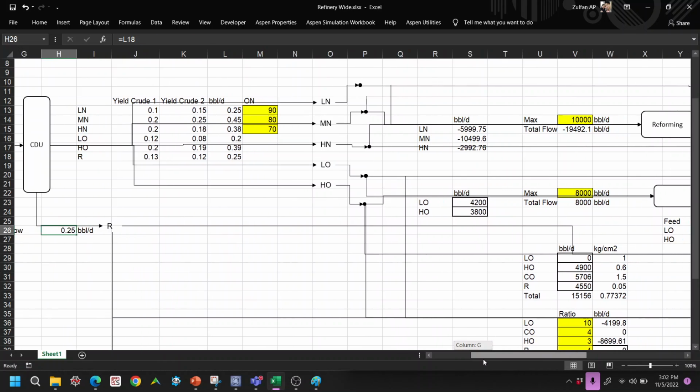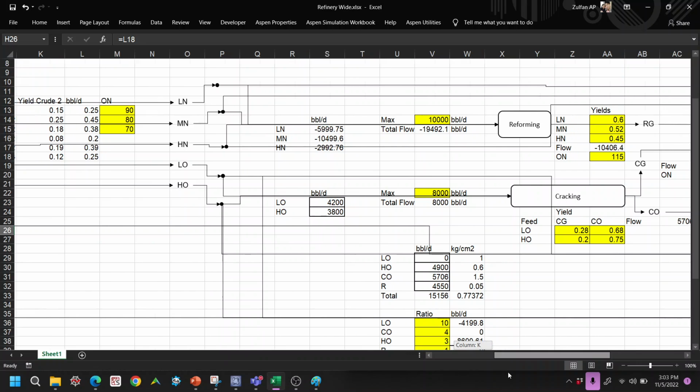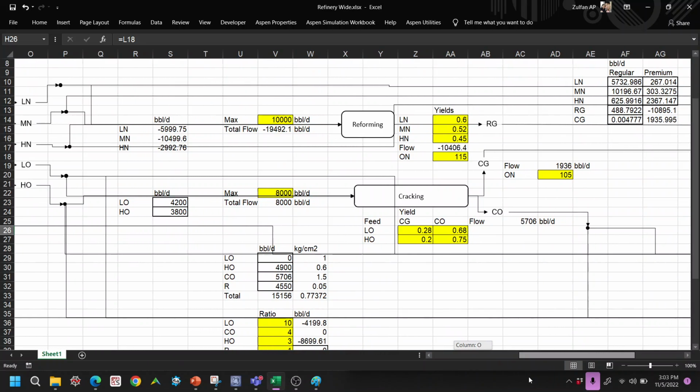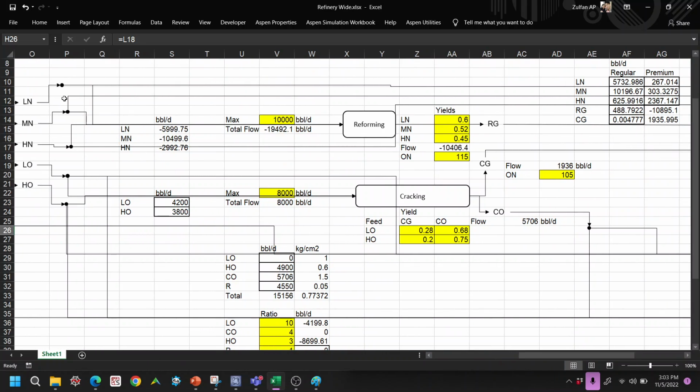Okay. And then you can separate them. From this light naphtha, for example, it can go to the reformer, and it can also go straight to the blending station.